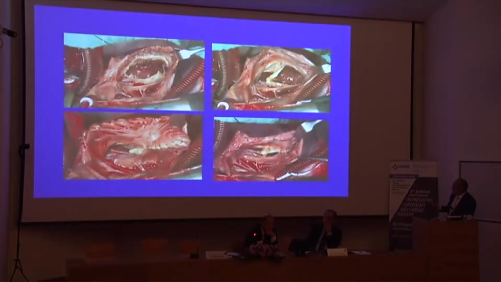And then you reattach the detached leaflets by doing a clockwise rotation. We also mobilize the anterior papillary muscle because sometimes it's completely immobile. There are a lot of trabeculations, and sometimes I also create, by detaching some part of the right ventricular trabeculation, a septal or septoposterior papillary muscle.